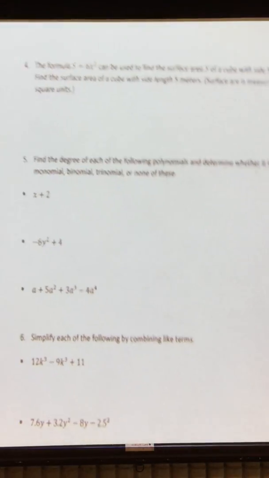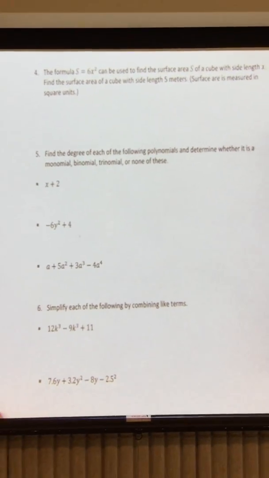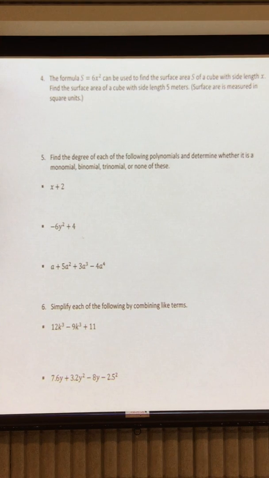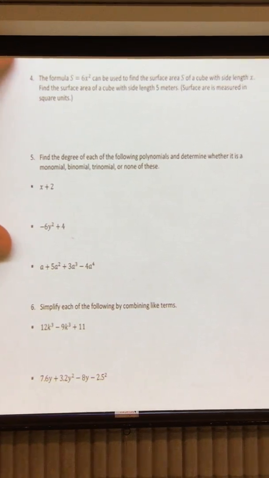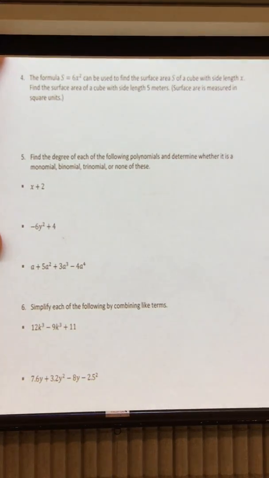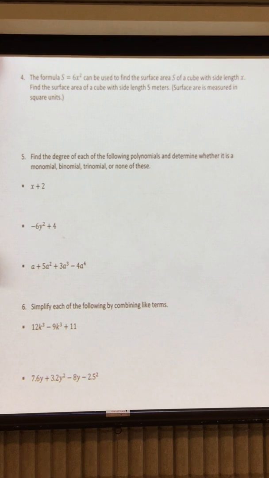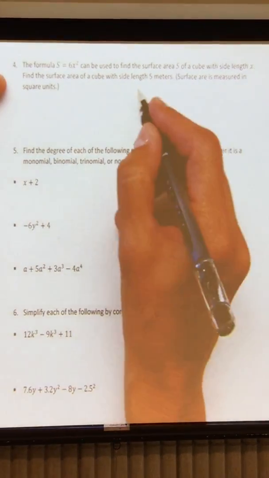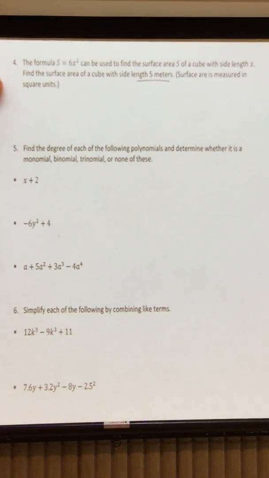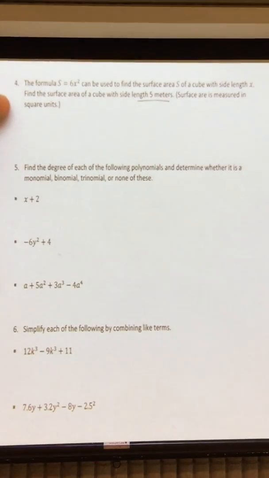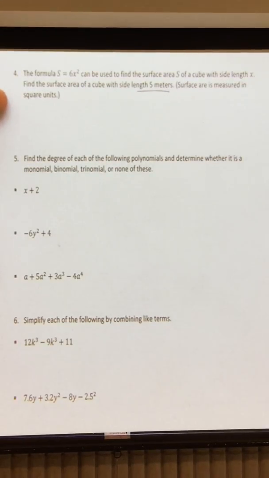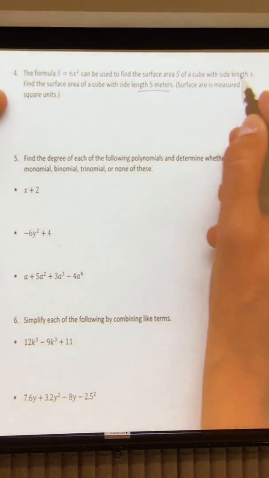Problem number 4. Here we have a formula. S equals 6x squared can be used to find the surface area S of a cube. Find the surface area of a cube with the side length of 5 meters. So here we have to substitute 5 into our x because our length is x.